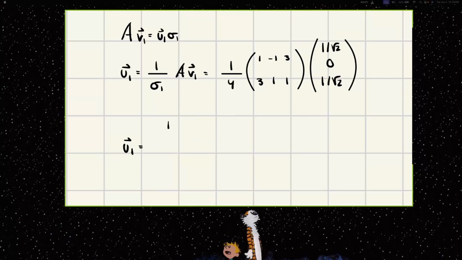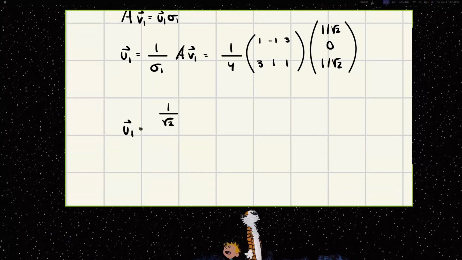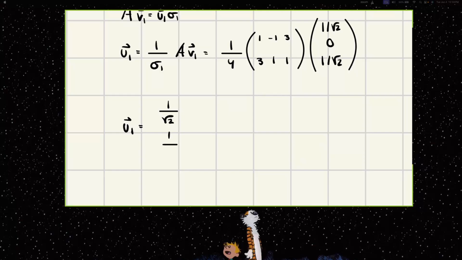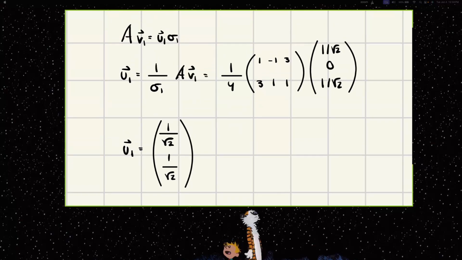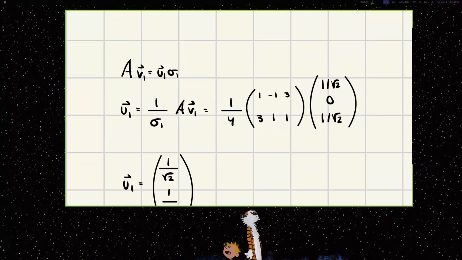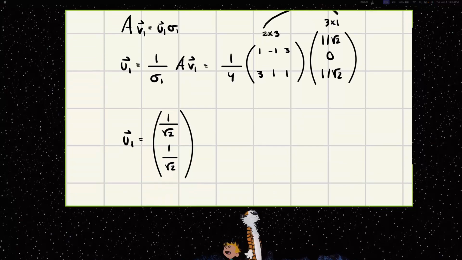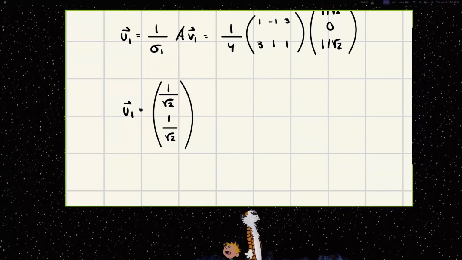We end up with 1 over square root of 2 and 1 over square root of 2, a 2 by 1 column vector. Of course, 1 over 4 is just a scalar multiple, and we have 2 by 3 times a 3 by 1, so we yield a 2 by 1. Great, so now we found our first basis vector for U.